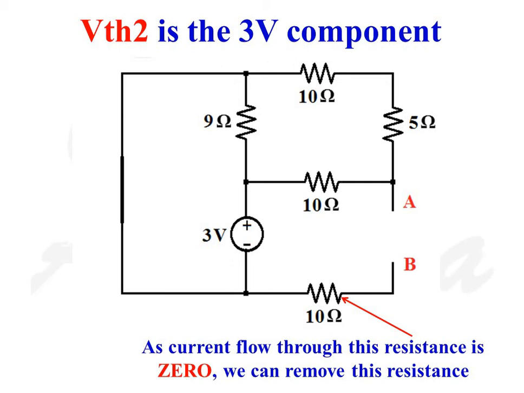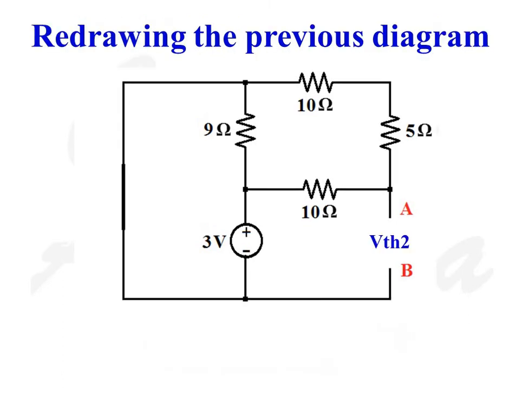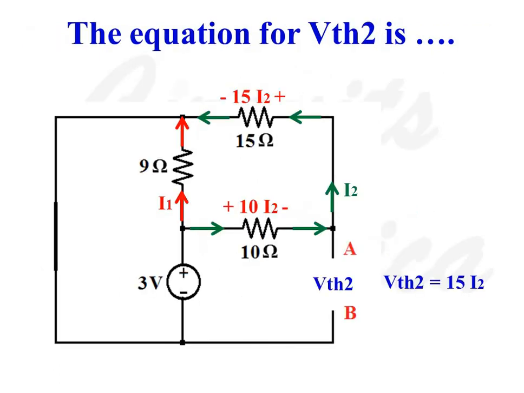So for simplicity, we can remove it. In this diagram, as the same current flows through 10 ohms resistance and 5 ohms resistance, these two resistors are connected in series, so we can replace them with a single resistance of value 15 ohms. Redrawing the circuit, we get like this.